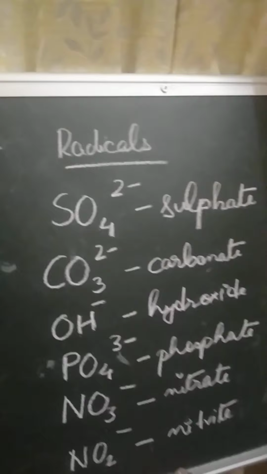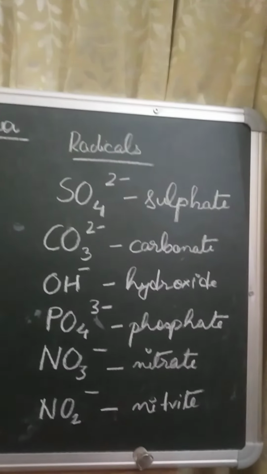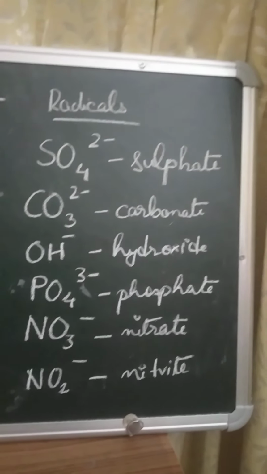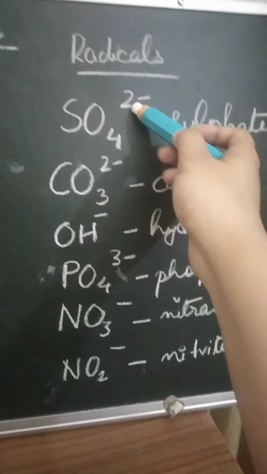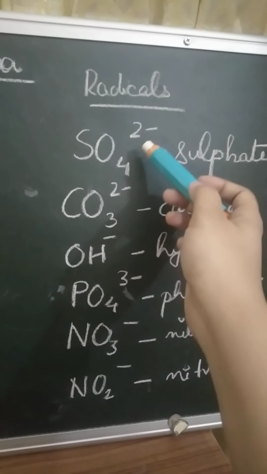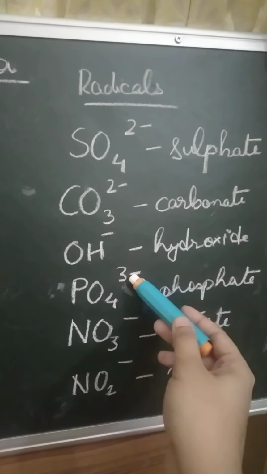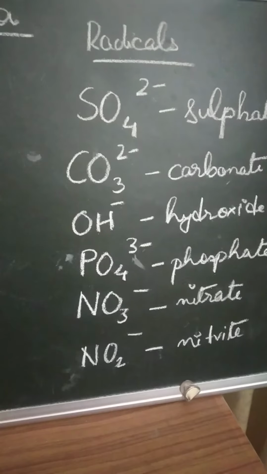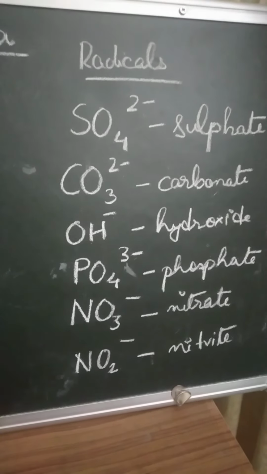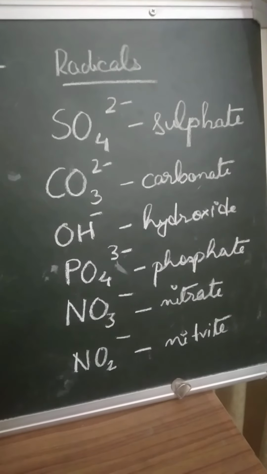Now what do we call radicals? Radicals are those, what do I say, heteroatomic species where they will carry a charge. As you can see, the charge in each case: here 2 minus charge, this is 2 minus, this is 1 minus, 3 minus, 1 minus, 1 minus. Okay, these are heteroatomic species. If I say species, haven't you understood? What do you understand by the word species?